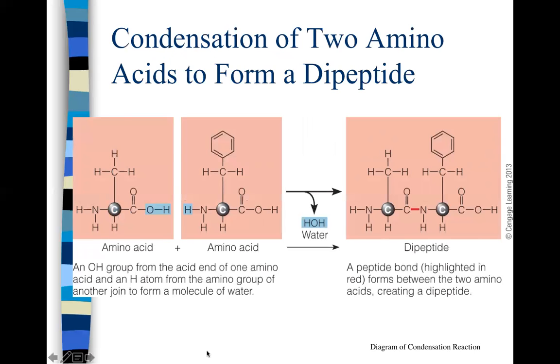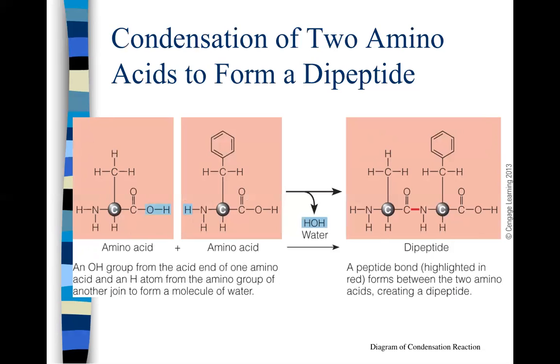This is a picture of the condensation reaction when you form a peptide bond. So in all condensation reactions, H2O or water is lost. And you can see in this particular example, an oxygen and a hydrogen group are lost from the acid end of an amino acid, and a hydrogen is lost from the amino end of an amino acid.